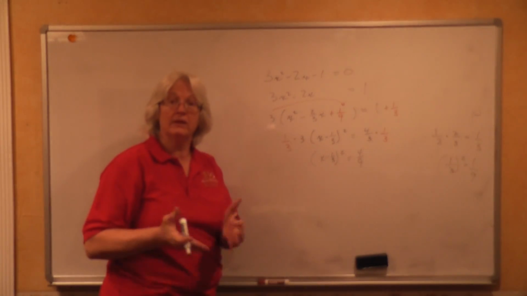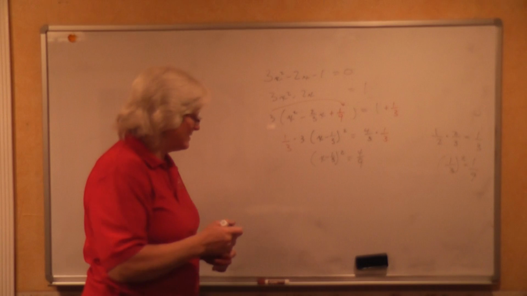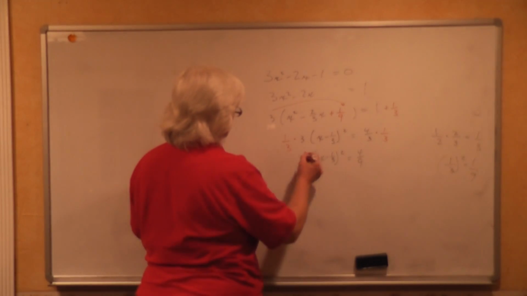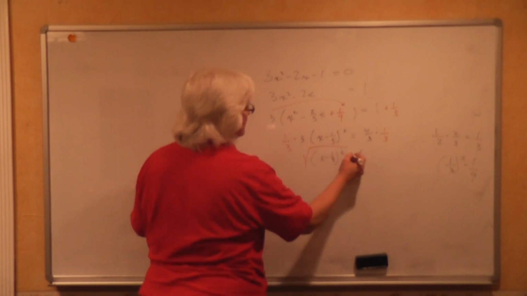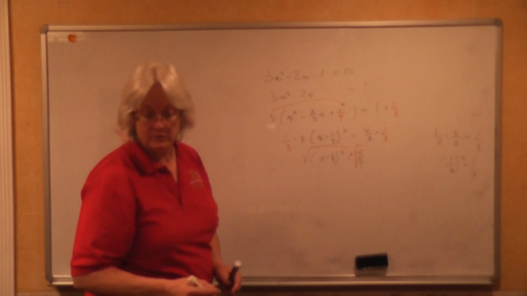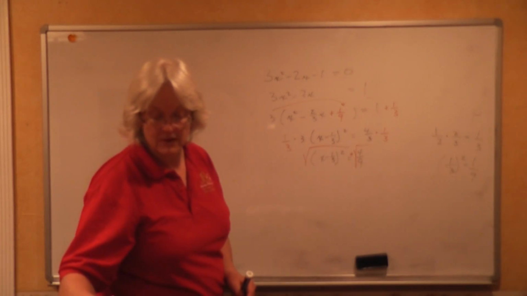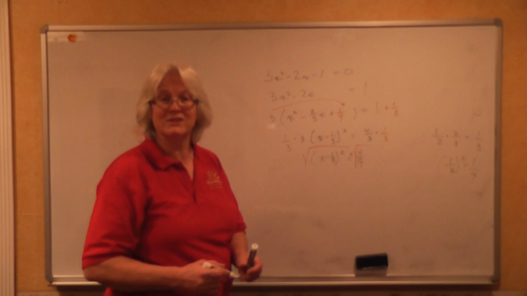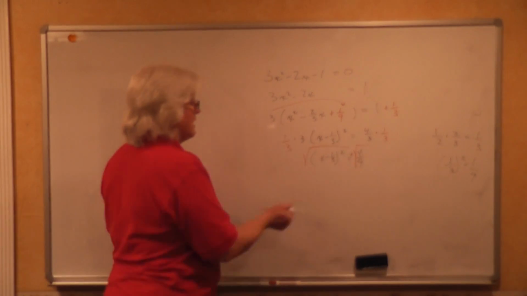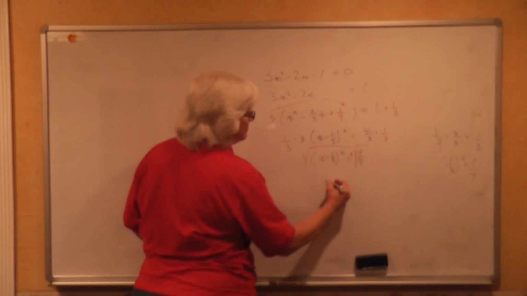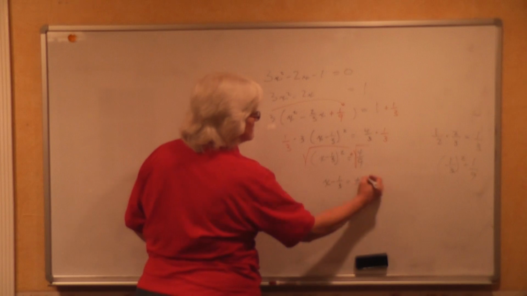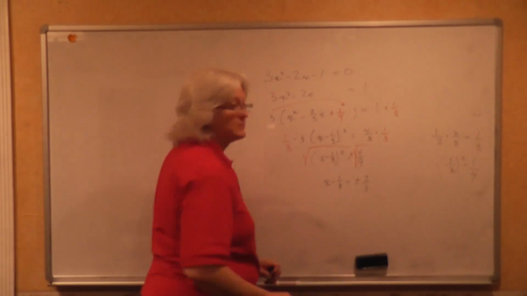Now we can go ahead and take the square root of both sides of this equation. It becomes plus or minus the square root of 4/9. That's funny, this is somewhat similar to the last problem. I have to look at my notes. x minus 1/3 is equal to plus or minus 2/3.